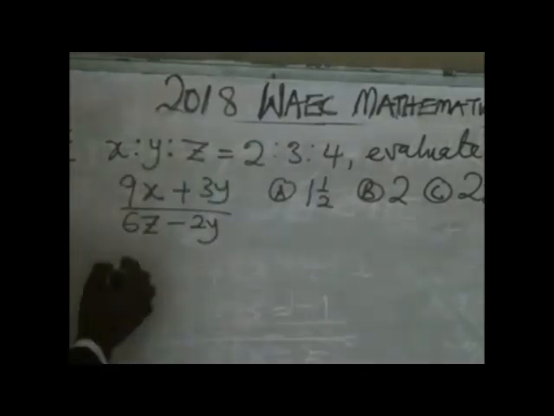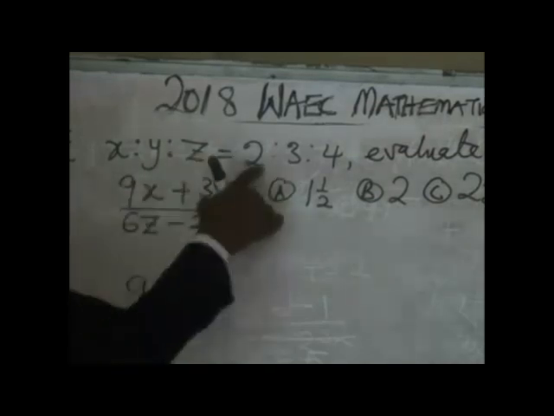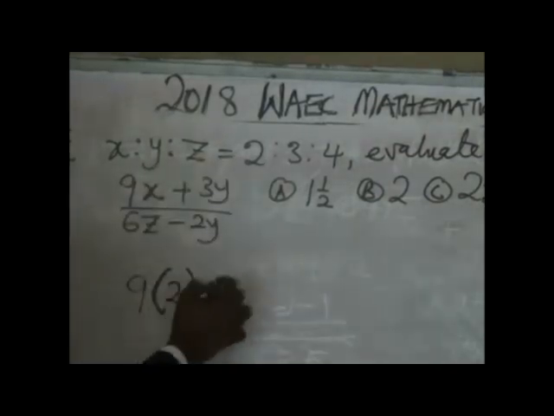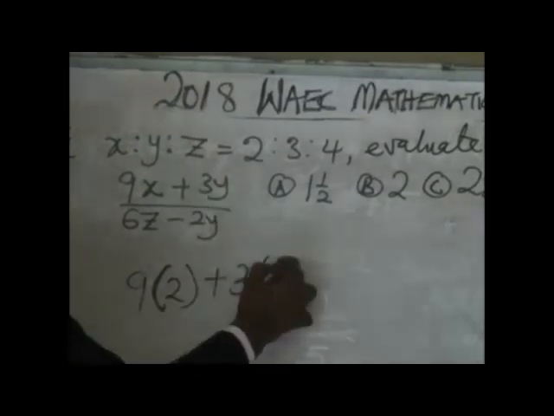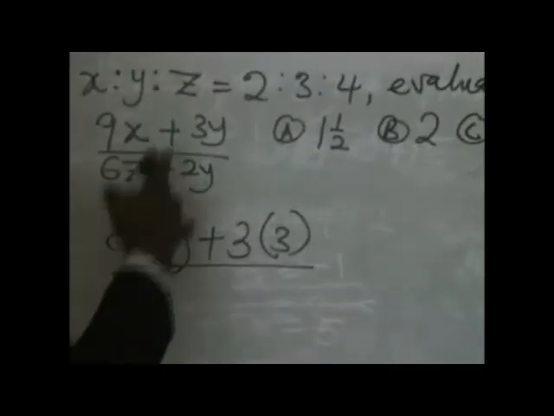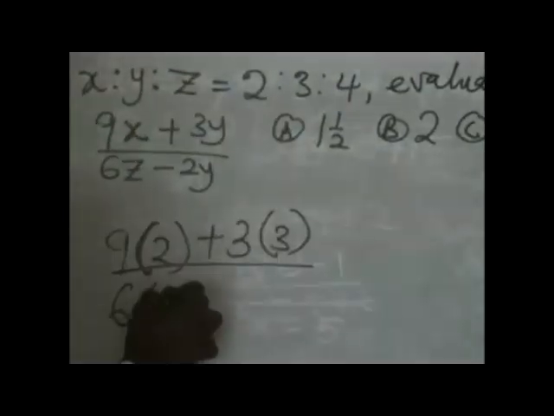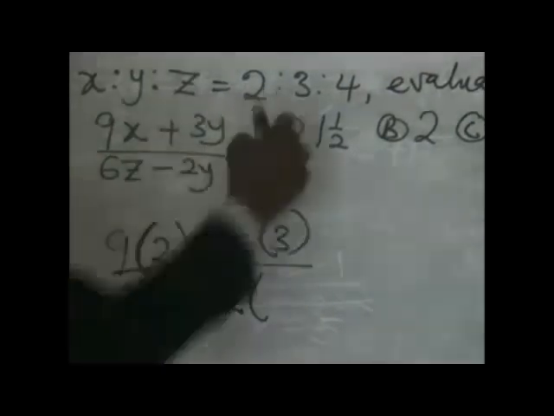So you say 9 in place of x, you substitute 2, plus 3 in place of y, substitute 3. This is 6 in place of z, substitute 4, and 2 in place of y, you substitute 3.